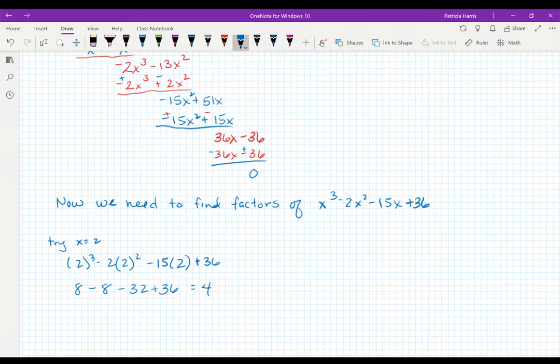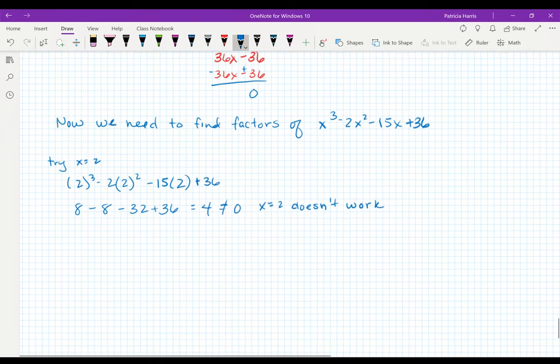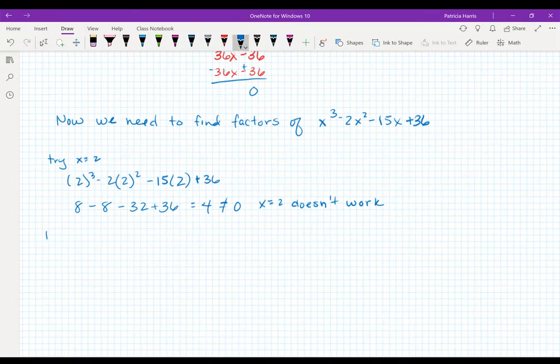Since 4 doesn't equal 0, x equals 2 doesn't work. Now, the next number on my list is x equals 3, so let's try x equals 3. Usually what I do is I run through the positives first, and then I run through the negatives. I don't know, it's a habit, but you can do positive, negative if you want.